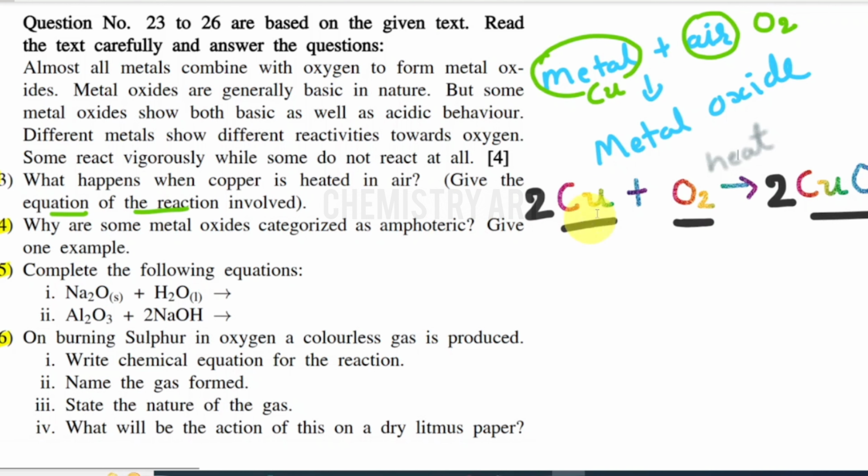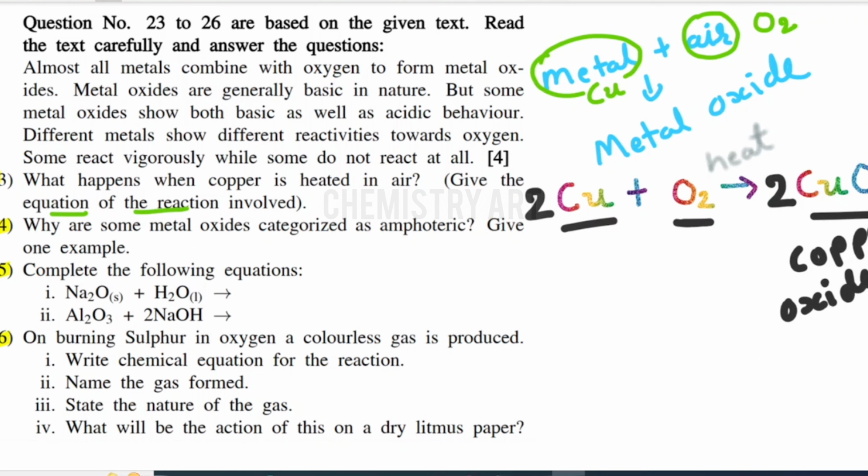Generally we know that copper has a reddish brown color, but when it turns into CuO, copper oxide, it is a black colored compound. So you can also write that information, and write the answer fully: when copper is reacting in air, or with oxygen, it forms copper oxide, and this copper oxide is black in color.